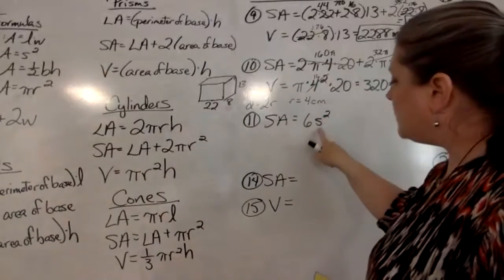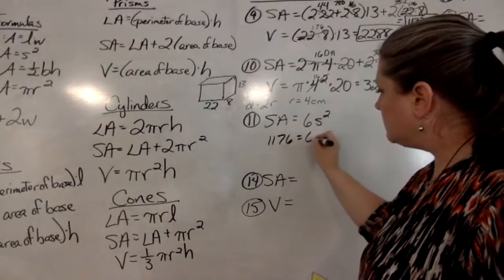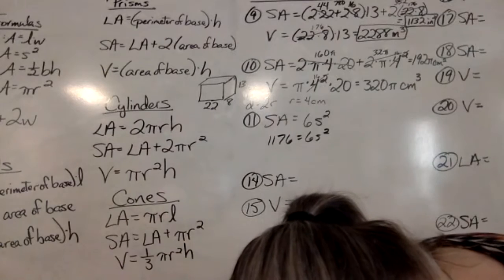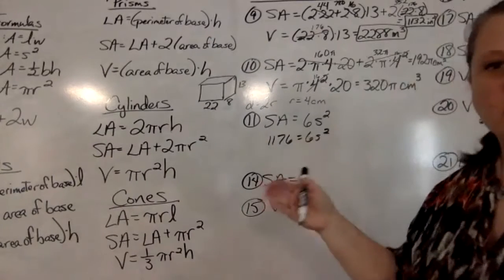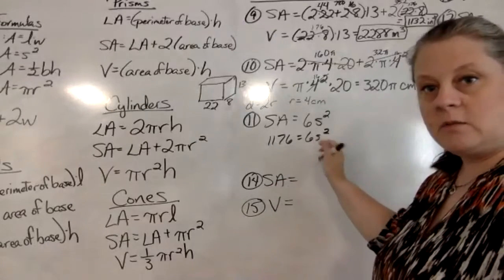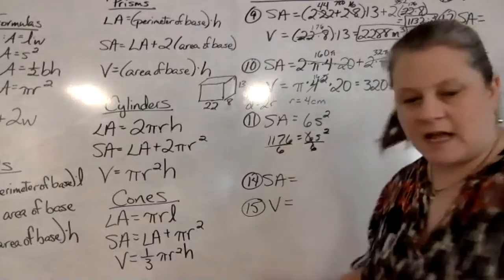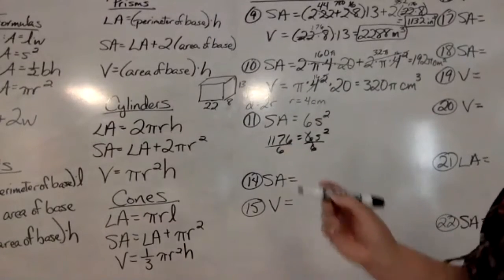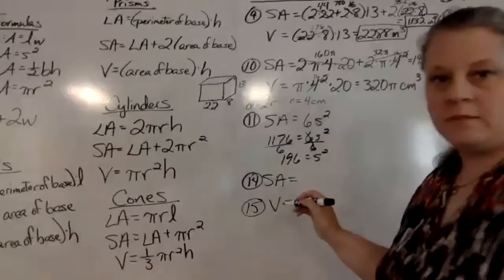Now, I'm trying to find the side, but I know the surface area was 1176. And then you work backwards, you're trying to find S. So the opposite of multiplication, we divide. So we divide by 6 on each side, so 1176 divided by 6. I get 196 is equal to S squared.